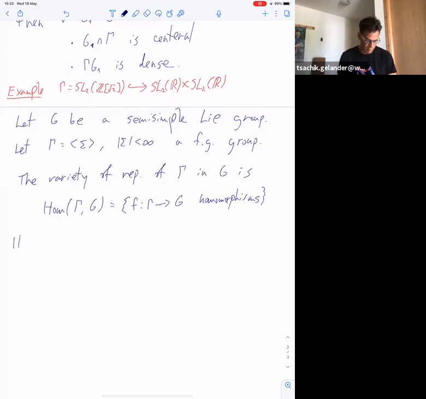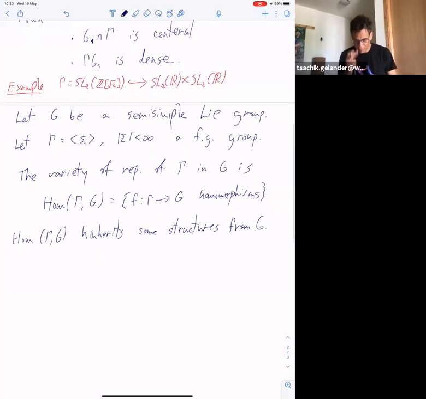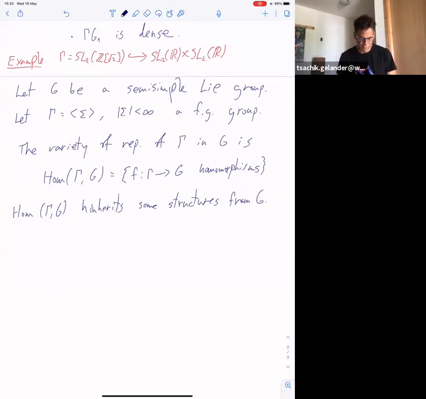So Hom(gamma, G) inherits some structures from G. For instance, okay, so what do I mean by that?